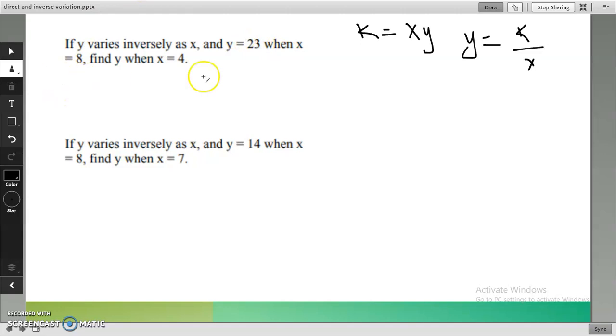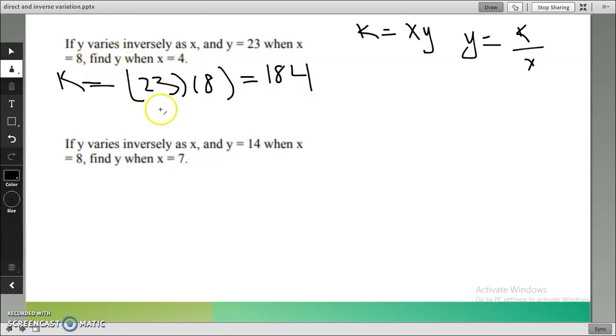So I'm going to plug this right on in. I'm going to find k, so k is equal to 23 times 8, which is x times y. And I get 184. And so I can use this formula again to find out what y is.